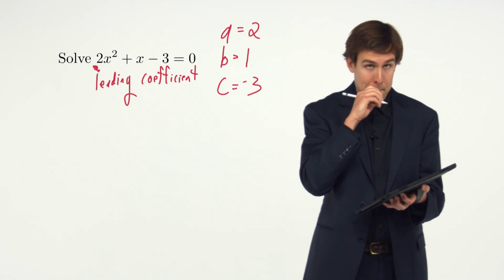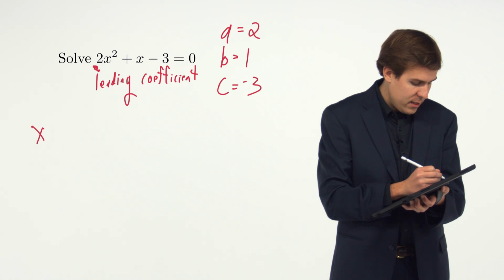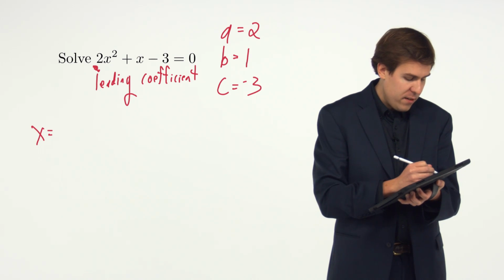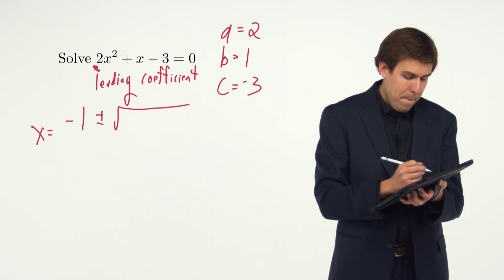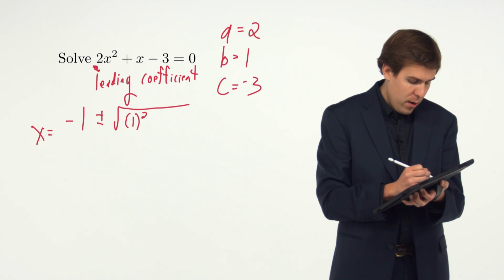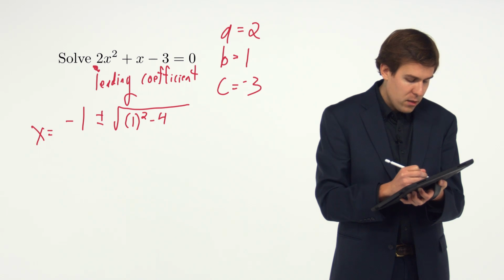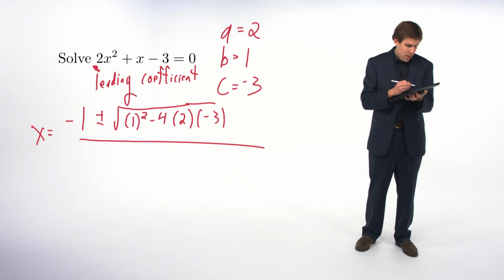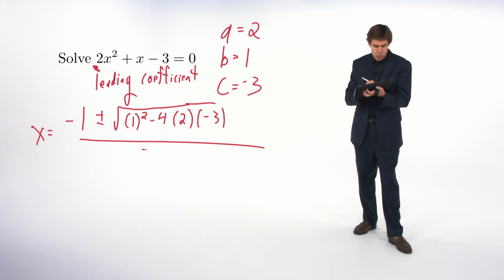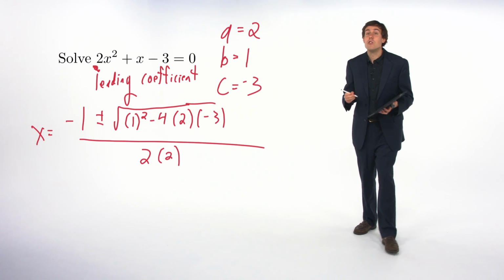Okay, so then x is equal to negative b, so negative 1, plus or minus b squared is 1 squared, minus 4 times a, which is 2, times c, which is minus 3, divided by 2 times a, which is 2 now.